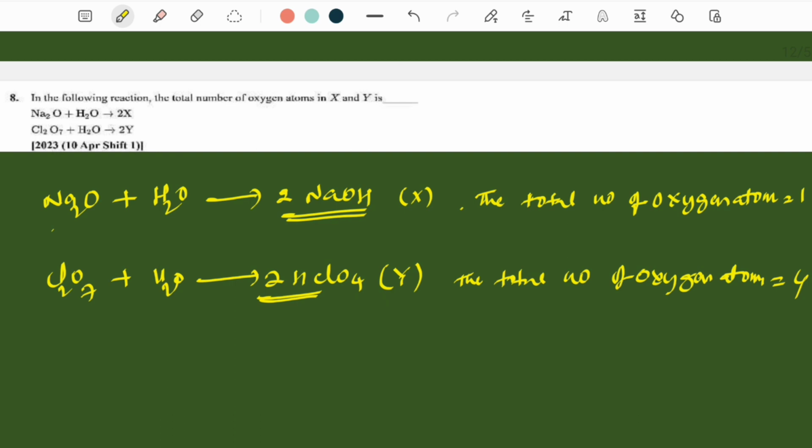X has 1 oxygen and Y has 4. So in this equation, there are 2 HClO4 molecules, and the total number of oxygen atoms is equal to 4.